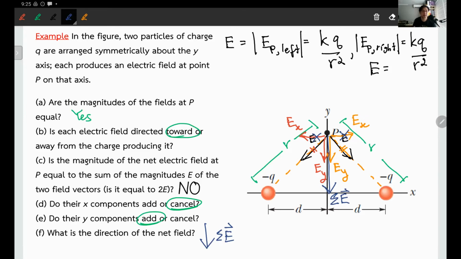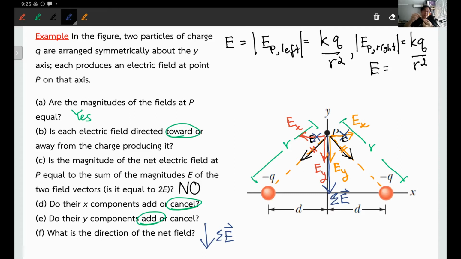Okay, just to get the feeling of what we are about to do here. First, get the electric field direction. Consider the type of the charge. If it's positive, the field is pointing away from the charge. If it's negative, the field points toward the charge originating the field.